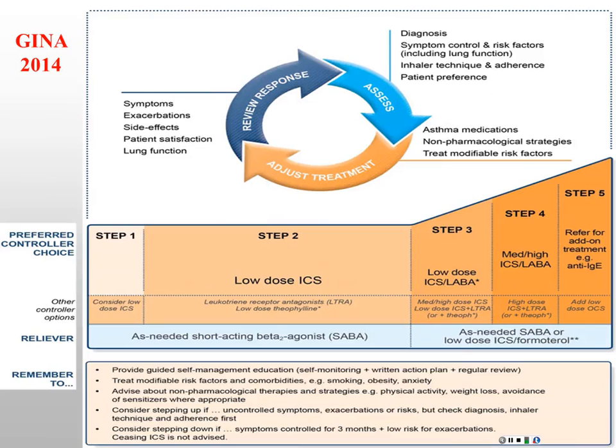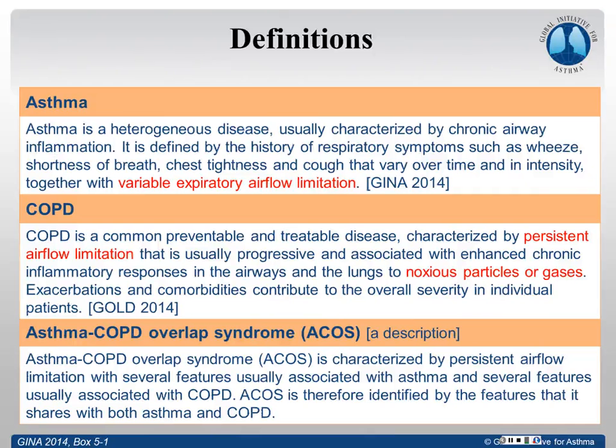And also you have to focus on avoiding smoking, weight loss, and exercise. So the step-up therapy is important, and you have to keep assessing the patient later. If the patient is doing okay, you can step down to control the symptoms.